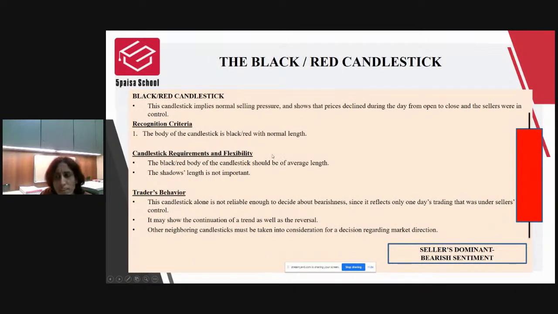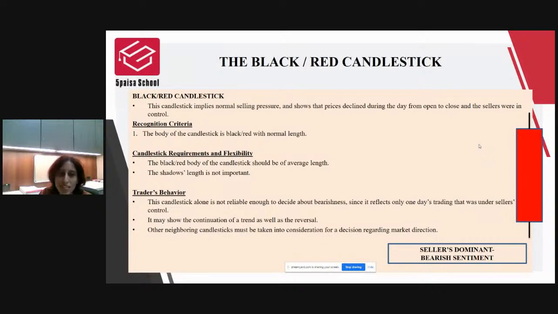Now, essentially, this candlestick, black candle or red candle, whatever kind of software you are using, implies normal selling pressure and shows that prices declined during the day from open to close. So if it is black or red, you can identify that the sellers were in control of the market that particular day.